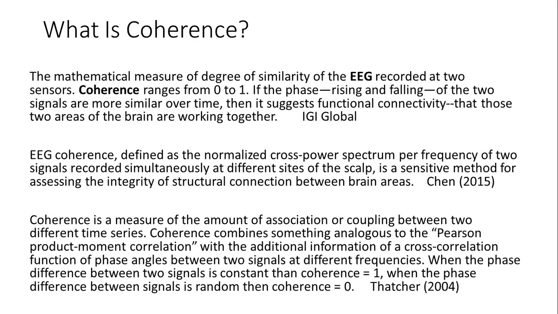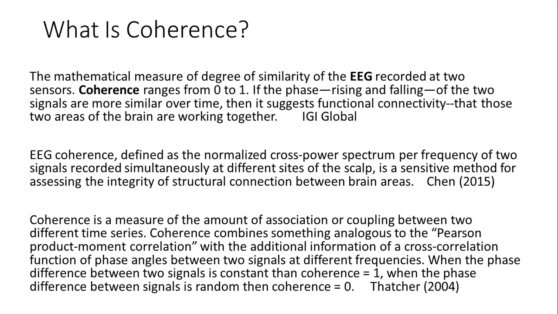And that concept, a cross-correlation function of phase angles between two signals, is very important. It's particularly important to Robert Thatcher, who sees this as a critical component that distinguishes his method of computing coherence as being the best and most accurate, for purposes intended.